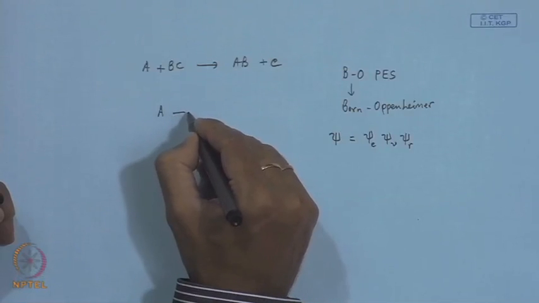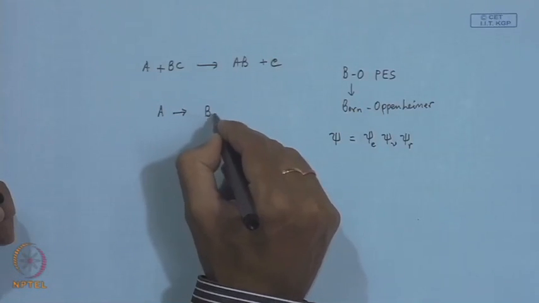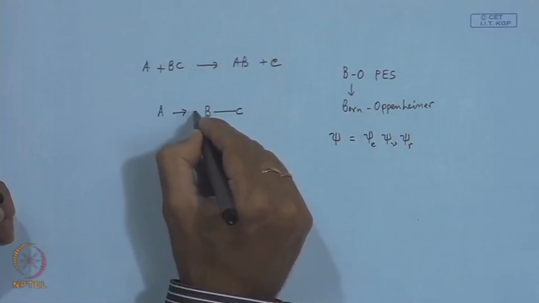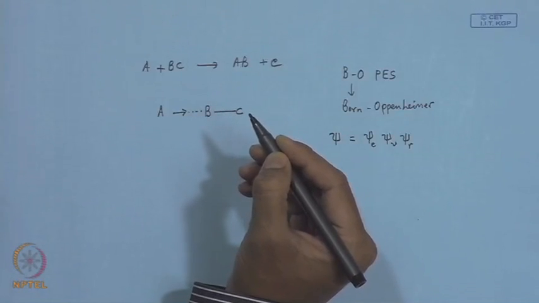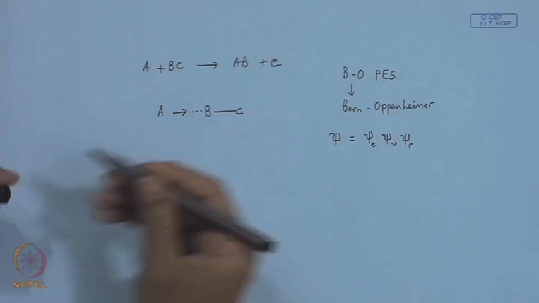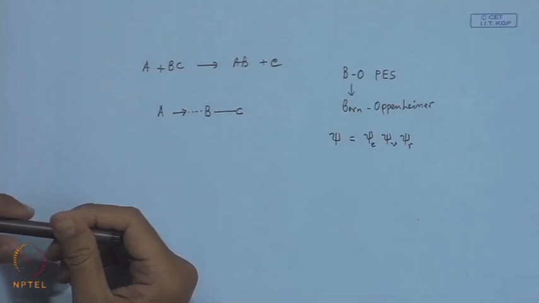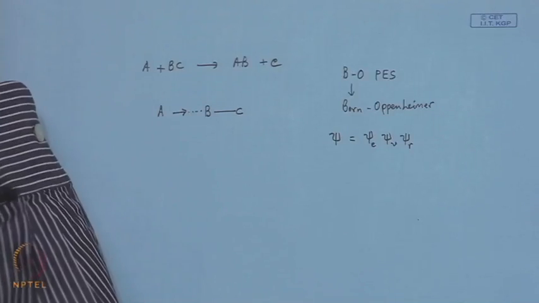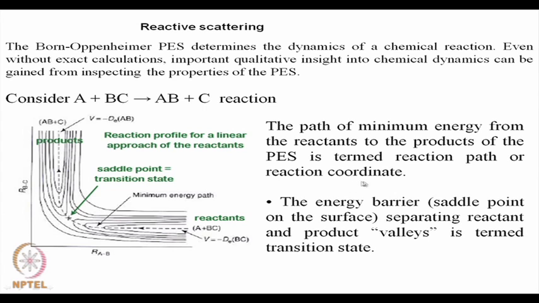A approaching this way, it is a linear approach, and the path of minimum energy from the reactant to the product on the potential energy surface is termed as the reaction path or the reaction coordinate.